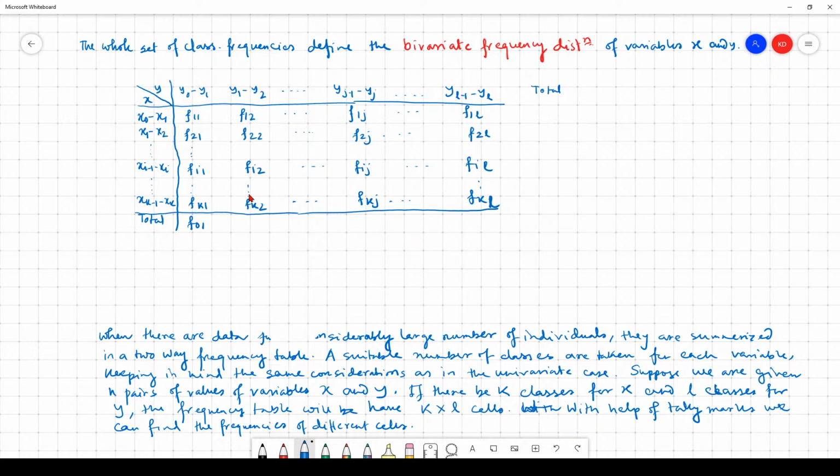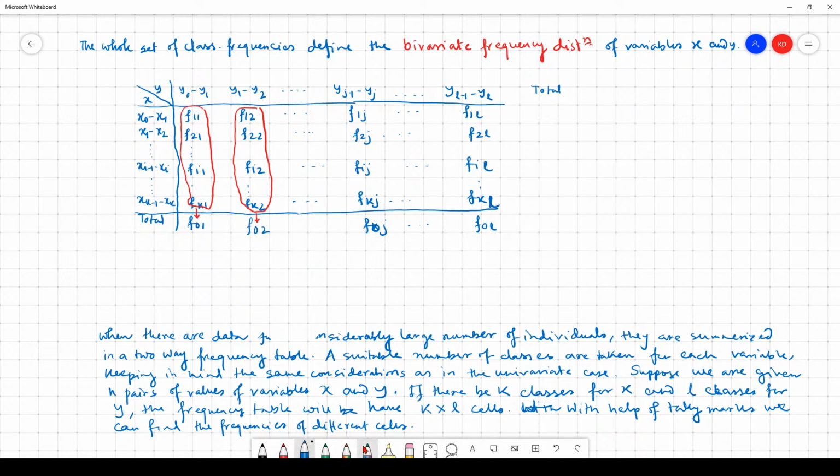Similarly, the sum of the next column is denoted by f02, of the jth column by f0j, and lastly the sum of the last column is f0L.